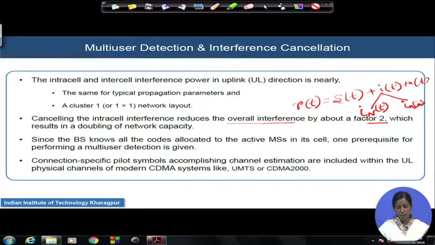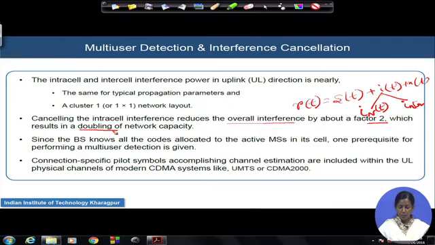Both of them are there, and if you can reduce any one of them, definitely it will be improved. The total interference will be reduced by a factor of 2, and if I can remove any one of them, reducing the interference by a factor of 2, definitely the capacity will be increased by 2 times.